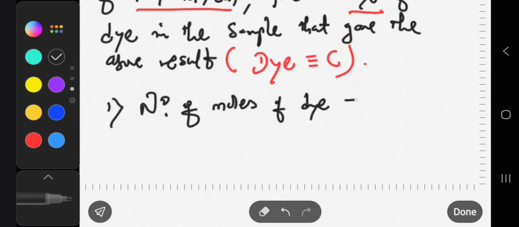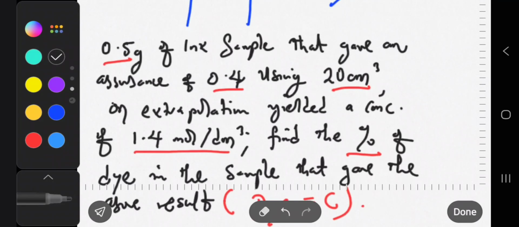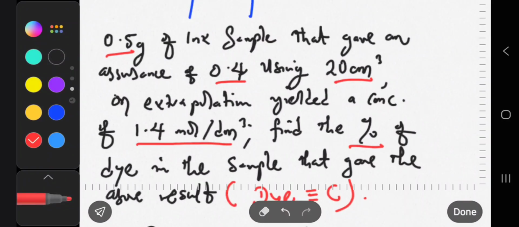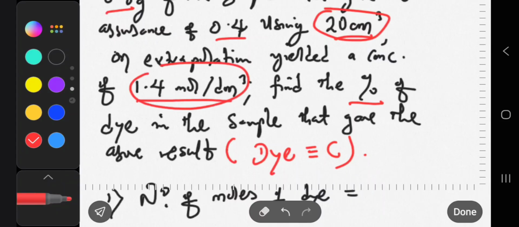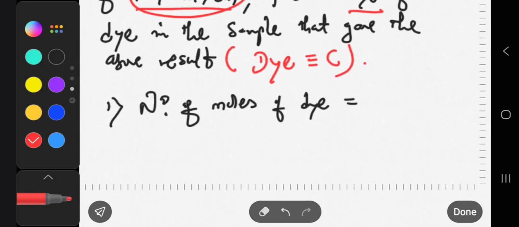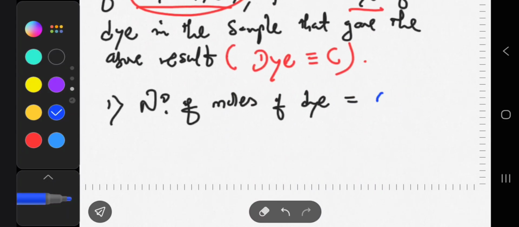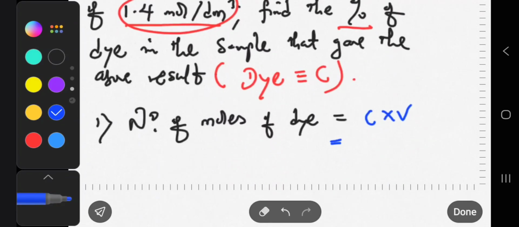And to find the number of moles, if you look closely, you were given the volume, and you know the concentration. So you're typically going to multiply concentration by volume. The concentration you are given is 1.4 mole per dm cube.